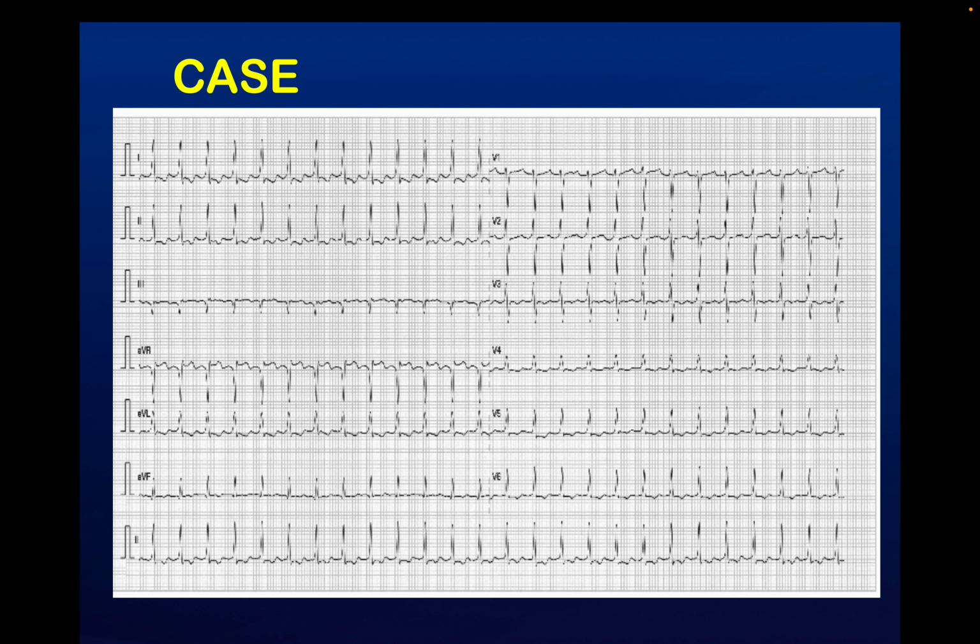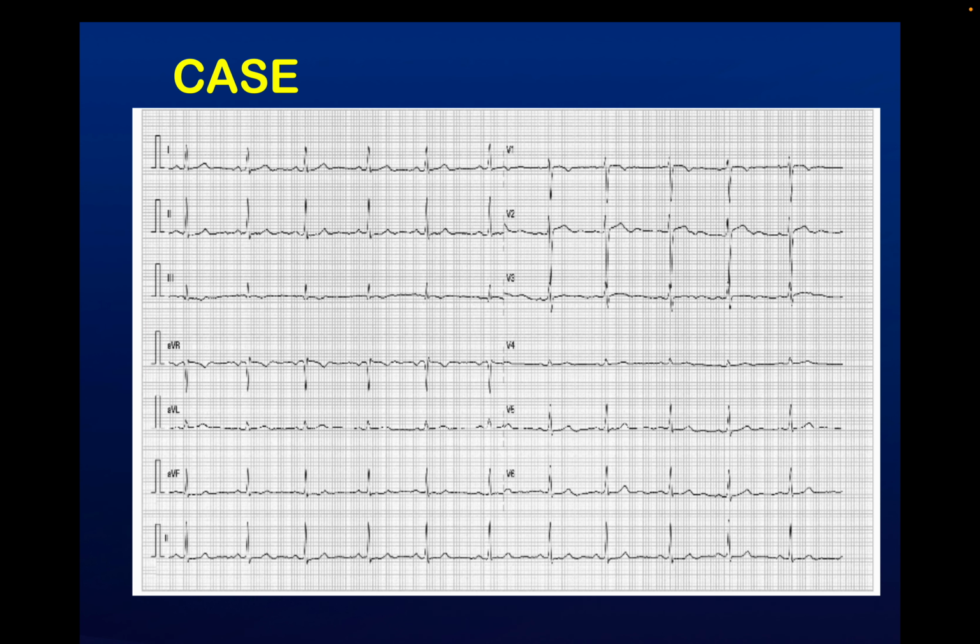There seems to be 1:1 QRS to P association, suggesting that perhaps we are dealing with some kind of SVT or atrial tachycardia. The patient was taken up for an ablation after stabilization. The focus was mapped and ablated in the superior crista, and sinus rhythm restored.